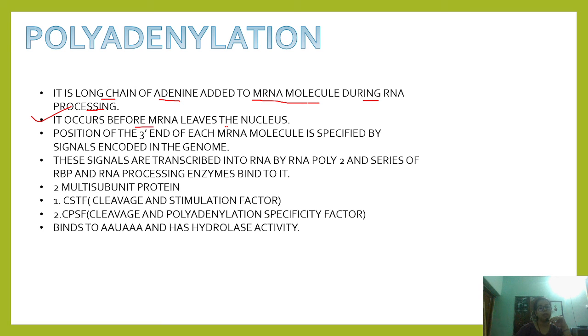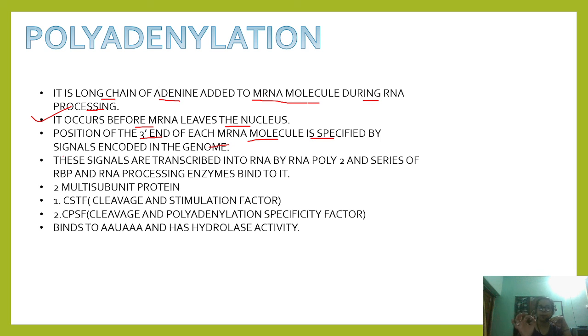Before mRNA leaves the nucleus, because once mRNA leaves the nucleus, it will reach the cytoplasm, and then the process of protein synthesis will take place. Before that, the mature mRNA is needed, so before mRNA leaves the nucleus, the poly A tail will be added.